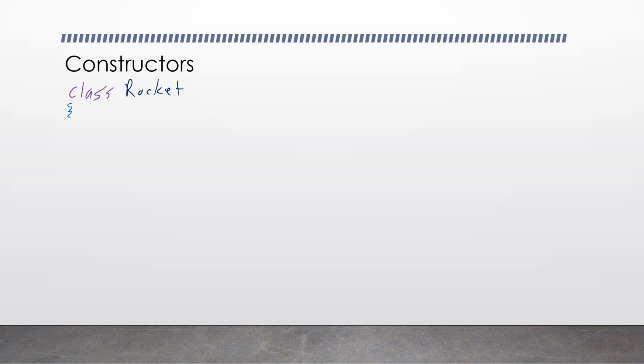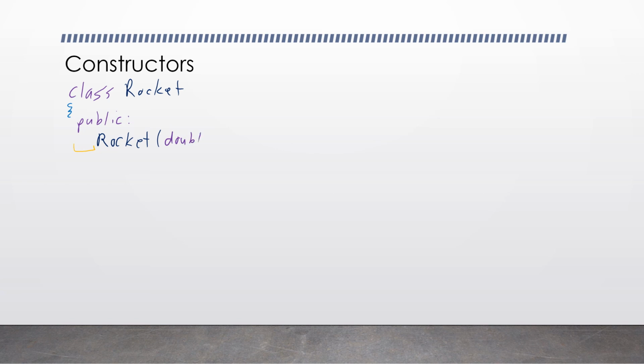It might want to have its mass and its drag and its thrust set specially each time, differently for each rocket. So in our public section, the first method we're going to create is one that has exactly the same name as the class Rocket, and that does not have any return type. There's no void here to tell us that we're not returning something. It doesn't have a return type.